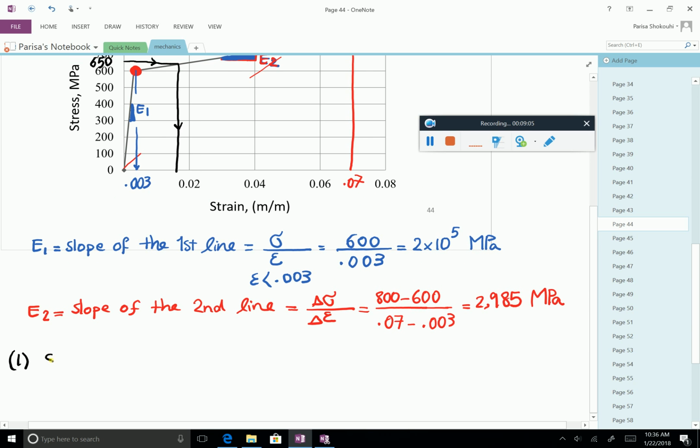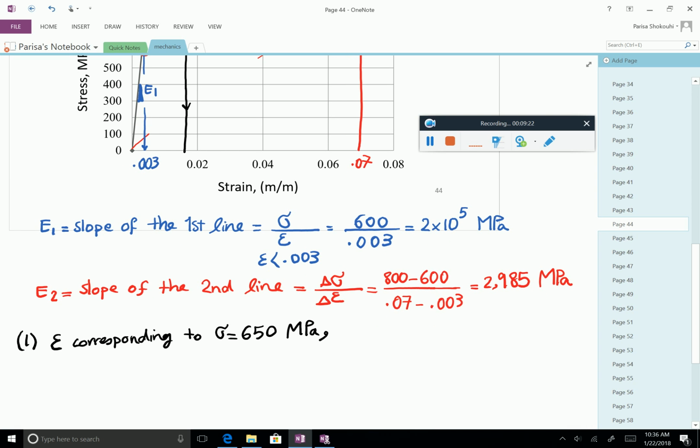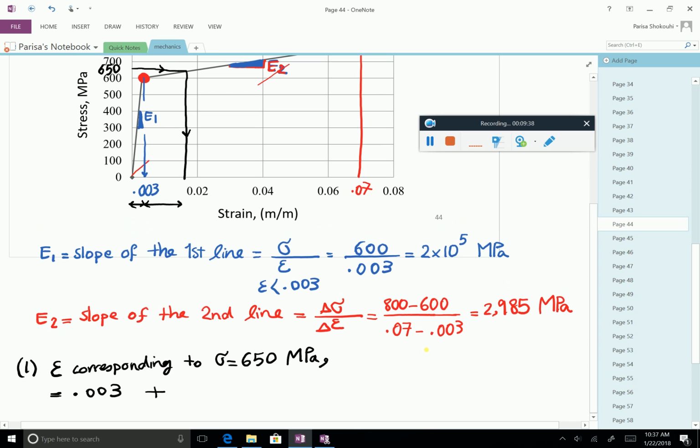Say, a strain corresponding to a stress equal to 650 megapascal is a summation of the strain in the first part and then the strain in the second part.